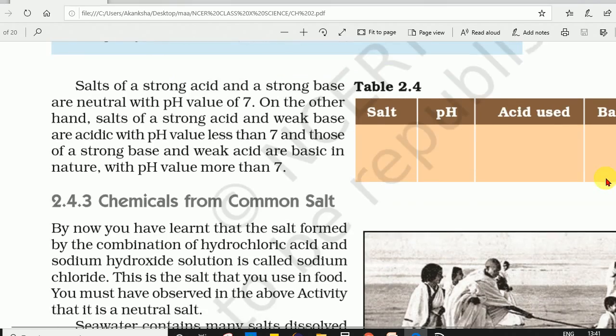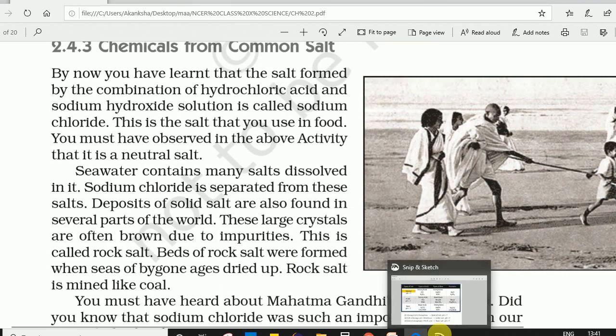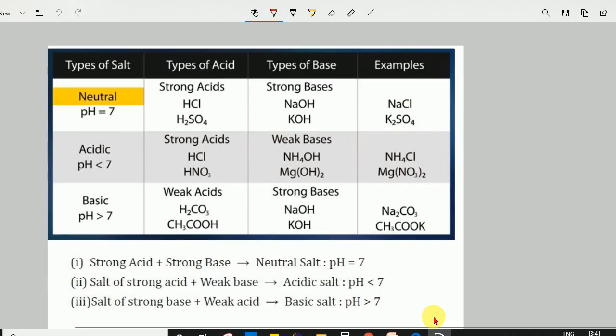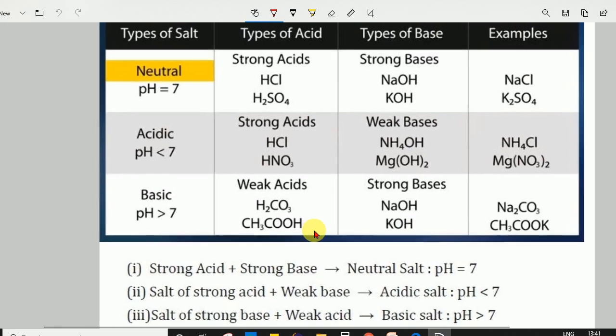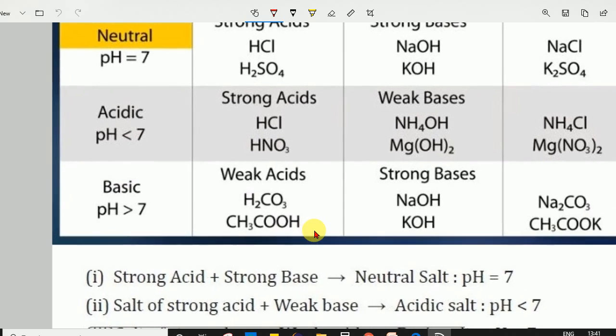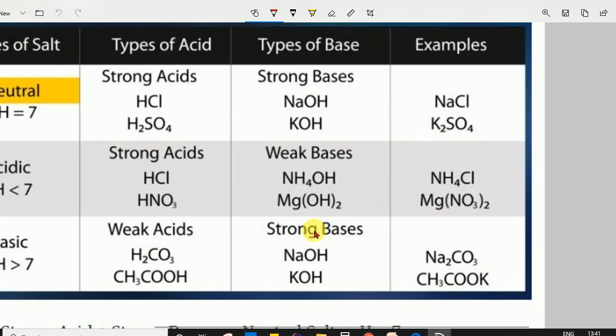Now various examples are given. Before we start these examples, you are required to understand the basic concept about it. That is, if a strong acid reacts with a strong base, it forms a neutral salt and its pH value is equal to 7, as you can see on the screen.